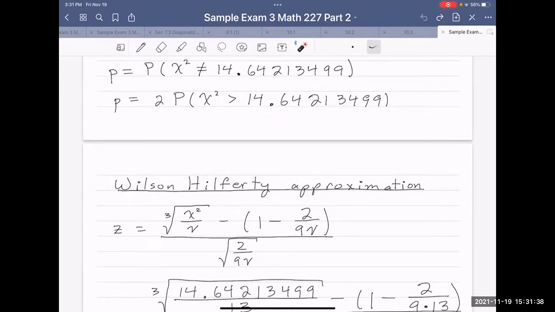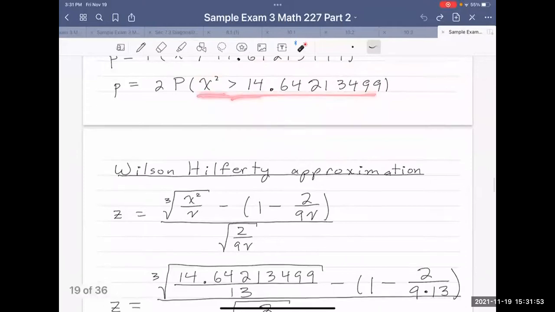So Z is equal to, so let's try to rewrite this in terms of Z instead of chi-squared.